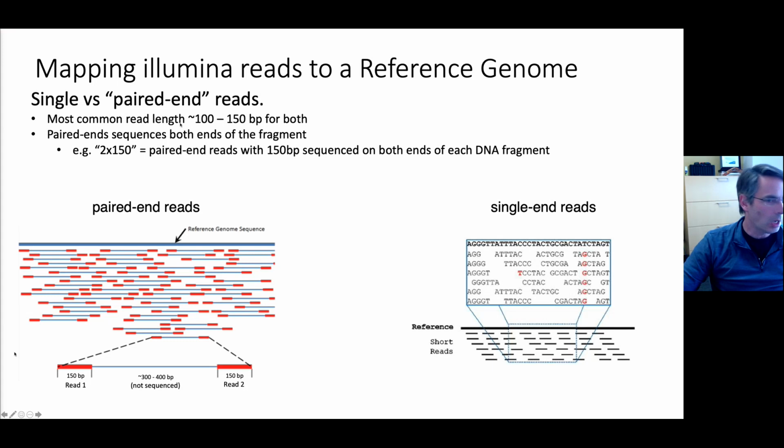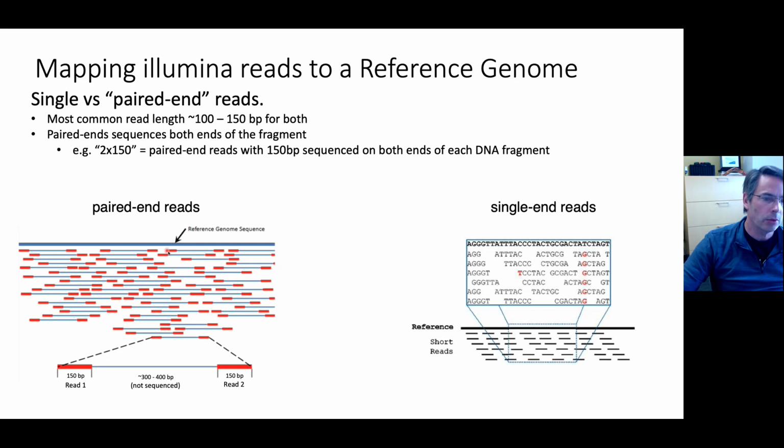Okay. The most common read lengths today, whether you're talking about paired end or single end, is 100 to 150 base pairs. Okay. So when you see notation like 2x150, the 2 is for paired end and the 150 is for how long each of the reads is.